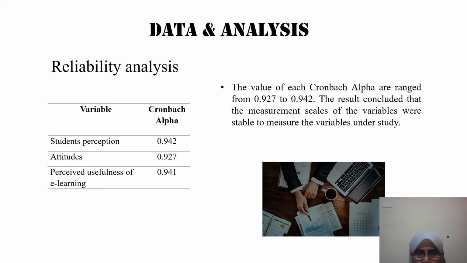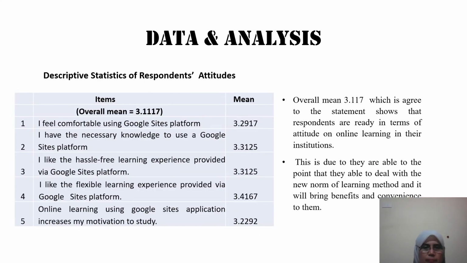The value of each Cronbach's alpha ranged from 0.927 to 0.942. The result concludes that the measurement scales of the variables were stable to measure the variables under study.